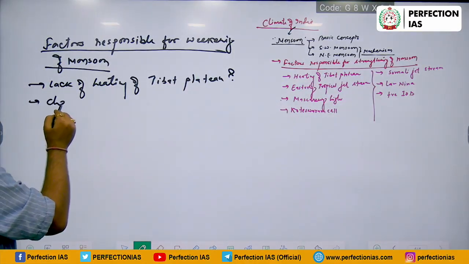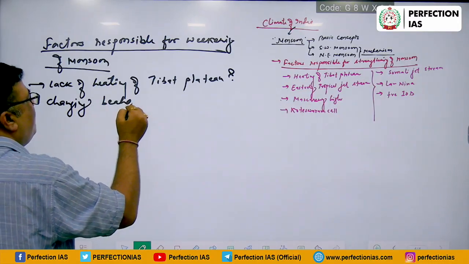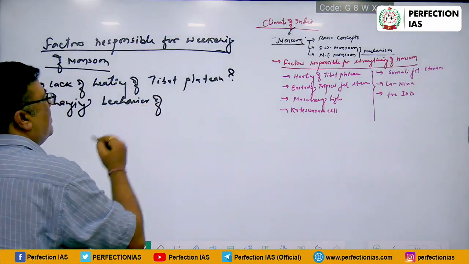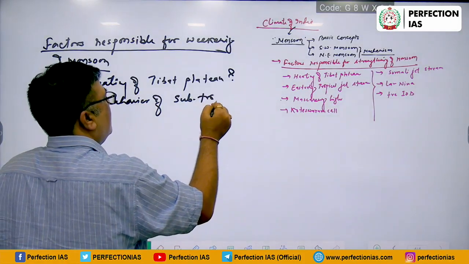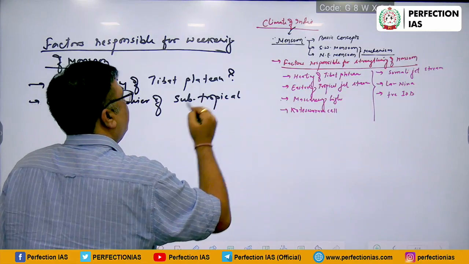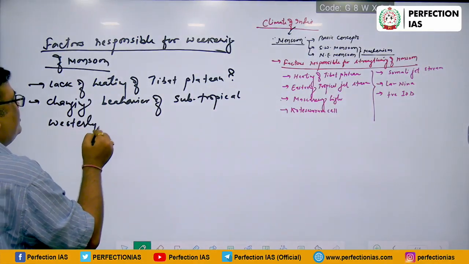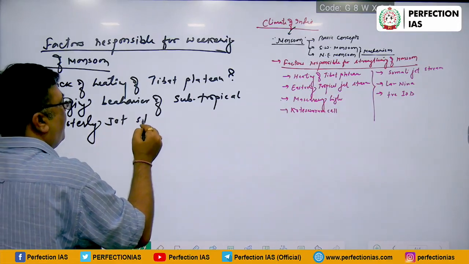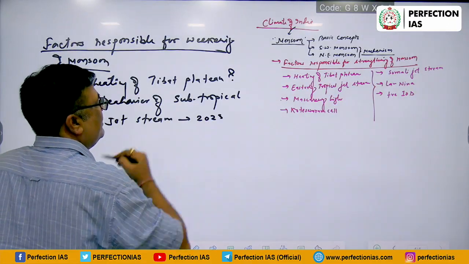Then changing behavior of subtropical westerly jet stream. Fine, connect it with 2023 incidents.